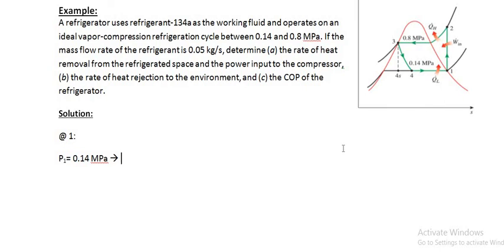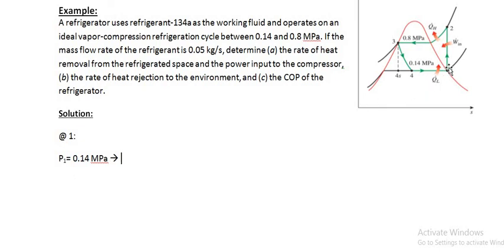It's pretty straightforward, since at state 1 we know that the refrigerant is in the saturated vapor form, so we have two inputs. To mention here, in order to solve these values from the property tables, we need to have at least two inputs. In this case, we know the pressure and we know it is saturated vapor.